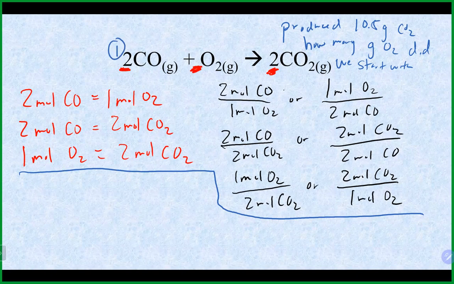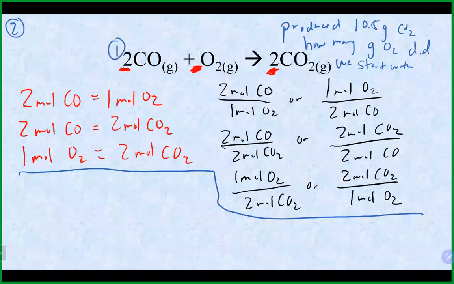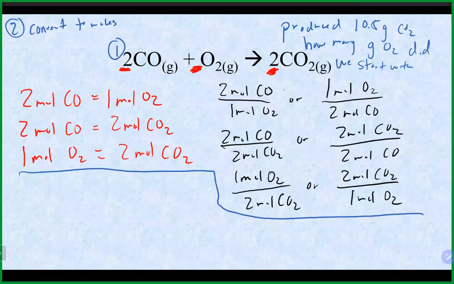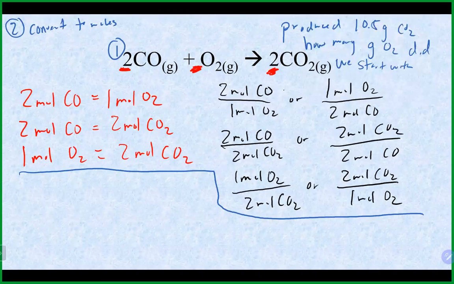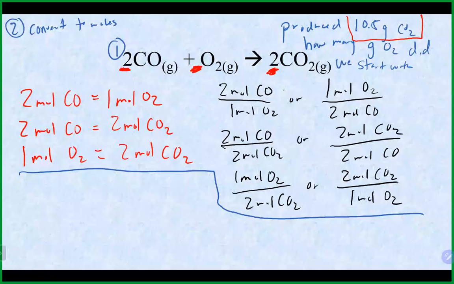The next thing that we need to do is convert to moles. When we look at this particular problem that I just made up, we could see that the only number that we are given is 10.5 grams of CO2. Would I need to convert to moles in this case? I would, right? Because we're in grams. So here we would go to the periodic table and get the molar mass of CO2.